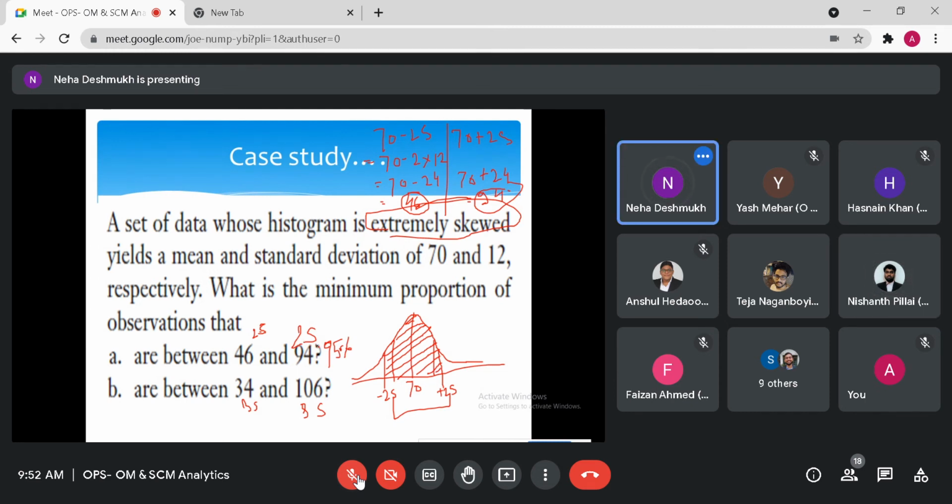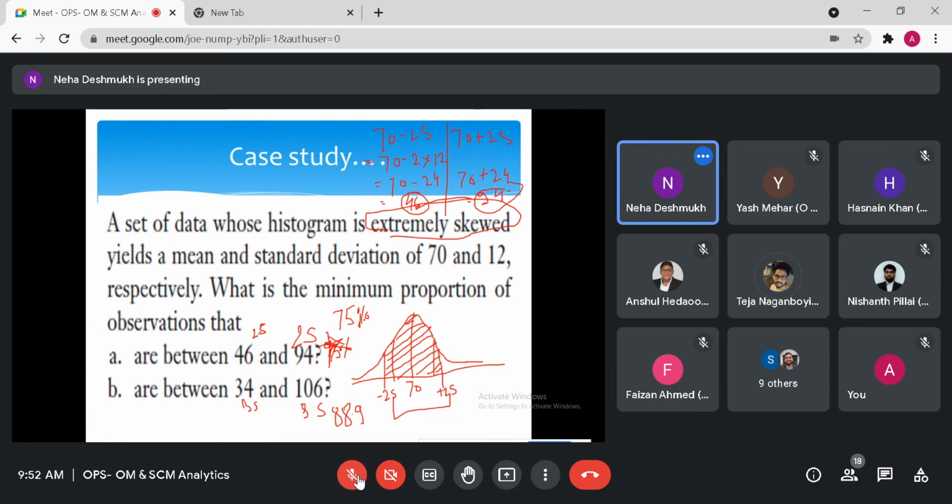And for 3s it will be 88.9%. Yes, ma'am. I crossed this 75; actually, this cursor is not working properly. Are you with me?